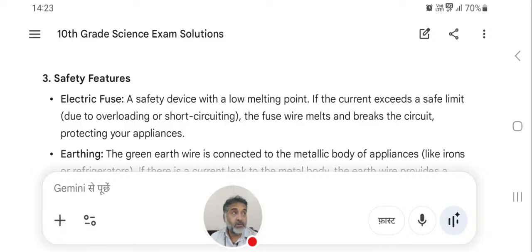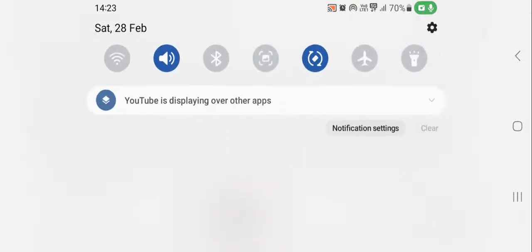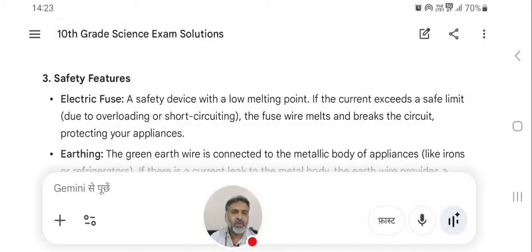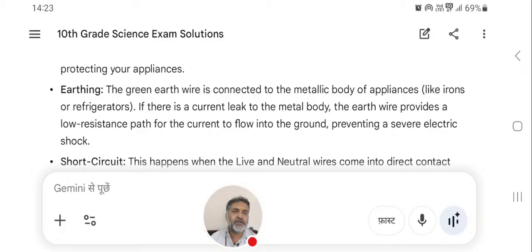Safety features: electric fuse, a safety device with a low melting point. If current exceeds the safe limit due to overloading or short circuit, the fuse wire melts and breaks the circuit, protecting your appliances. Now earthing: the green earth wire is connected to the metallic body of appliances like iron or refrigerator.